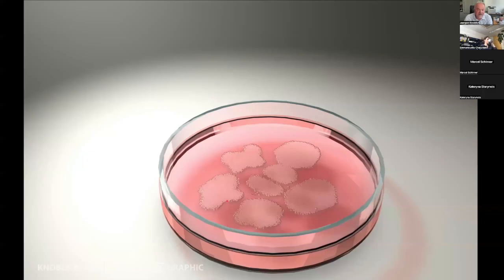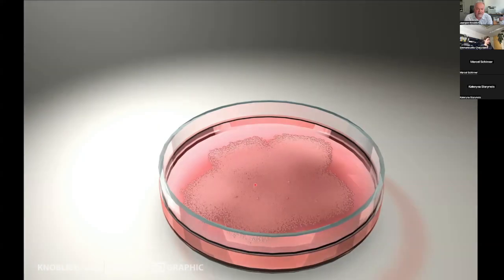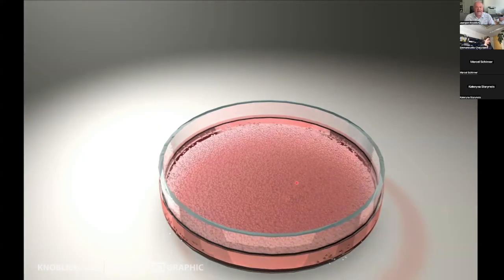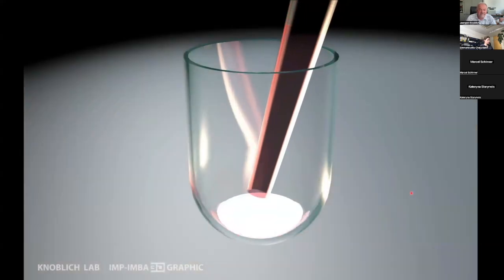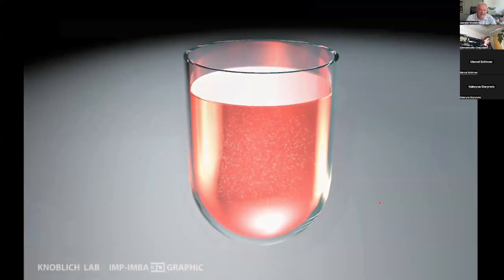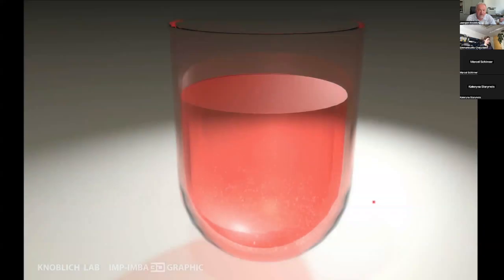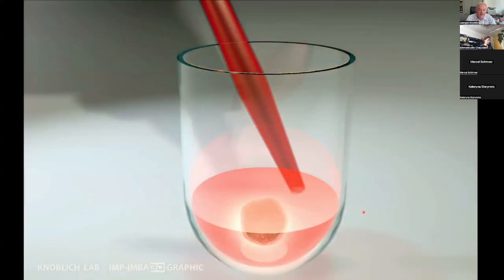So we start with colonies of embryonic stem cells or iPS cells, which we then dissociate by limited protease digestion. Then we take between 5,000 and 8,000 of those cells, put them into a 96-well plate. This is the SFEBQ method. They will go down, they will coagulate, form what's called an embryoid body.